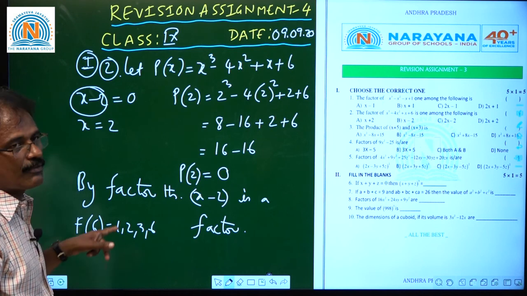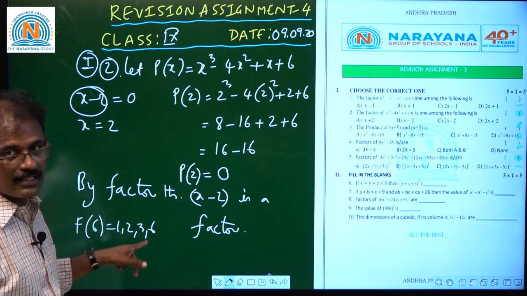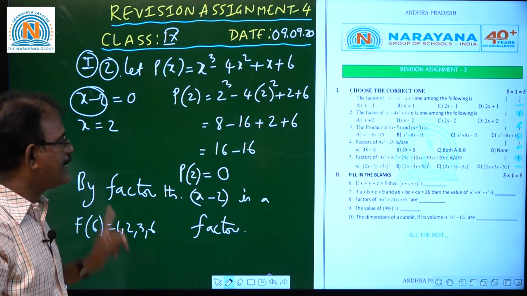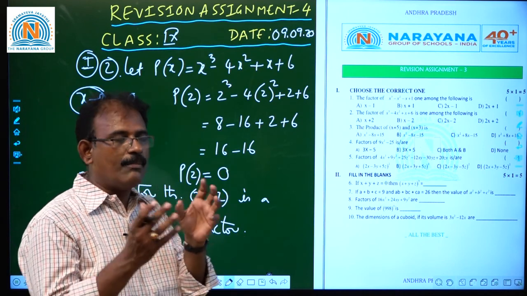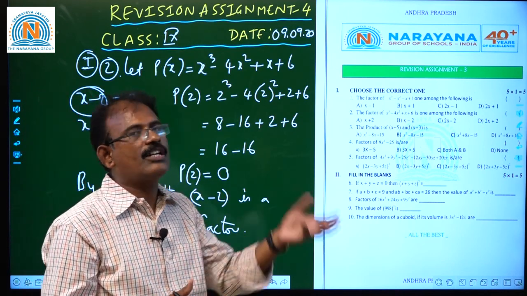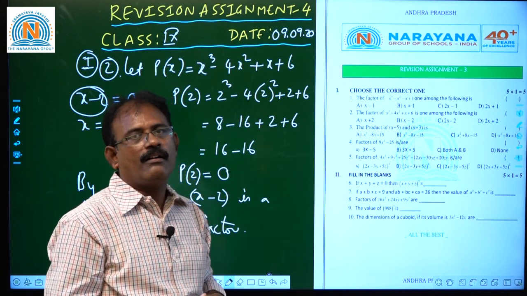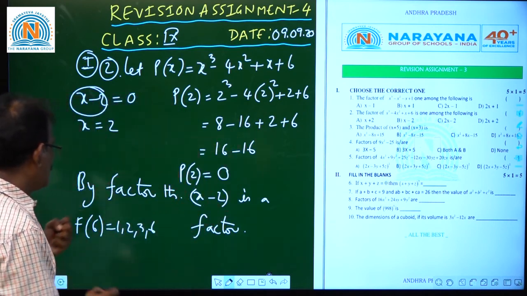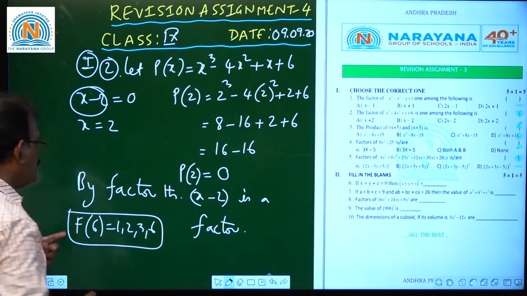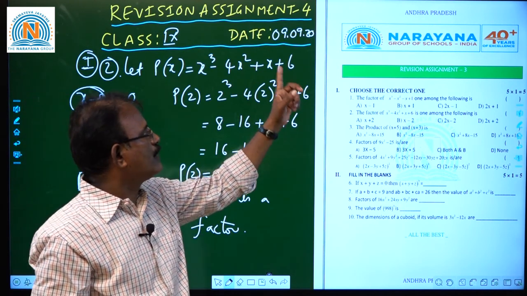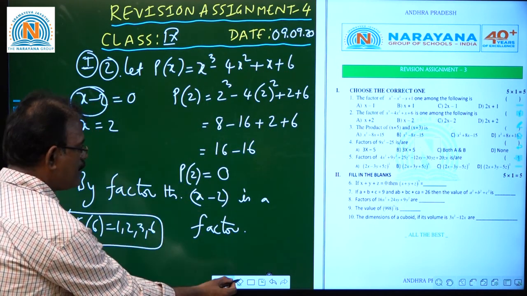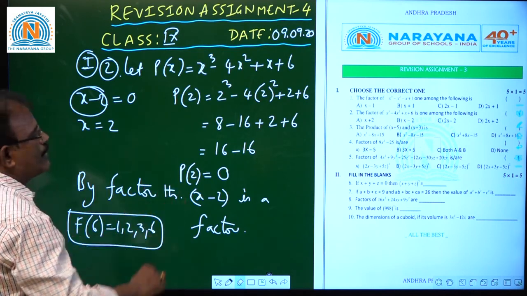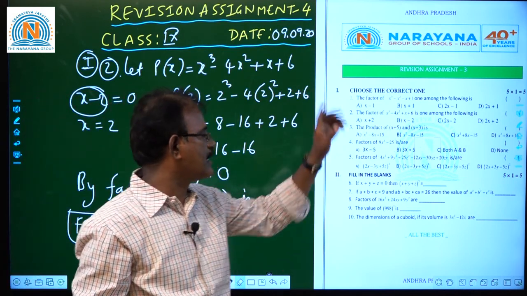So plus or minus 1, plus or minus 2, plus or minus 3, plus or minus 6. Here 4 plus 4, 8 trials is the limitation. Instead of thinking from the unknown, the possibility from the factors of the constant of the given polynomial is one of the methods, children. So x minus 2 is one of the factors. It is there in the second option.